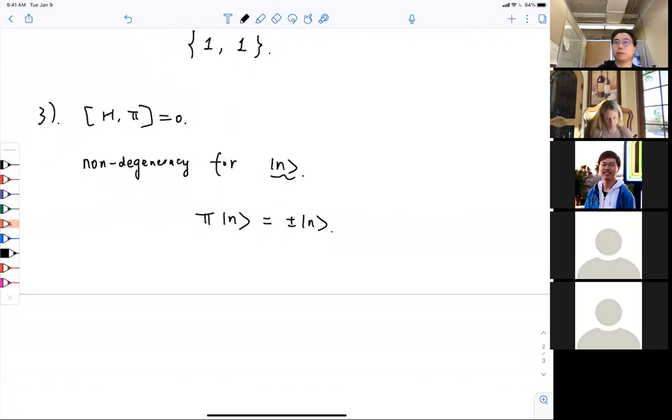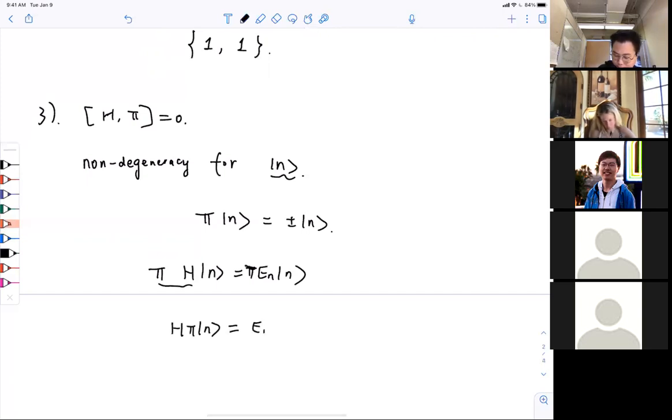This is also quite easy to prove. H acting on n equals some energy times n, by definition an eigenstate. You act with the parity operation on this equation, and they commute.